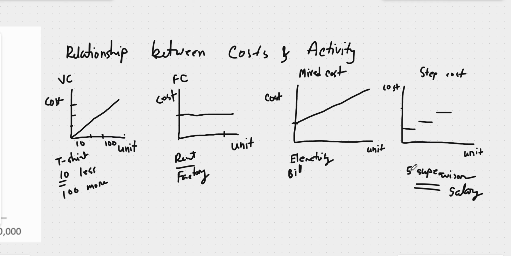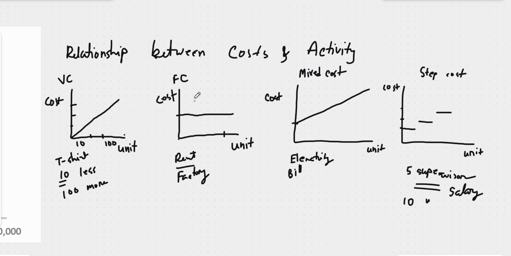If you increase your production, you will need more supervisors. So it is a type of fixed cost. It was fixed initially. You had to pay the supervisors the salary every month, and now you need more supervisors. Let's say you need 10 supervisors now because your production has increased. So your fixed cost will increase because the number of employees has increased. That's why it is called a step cost.